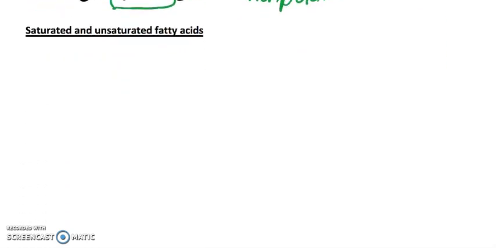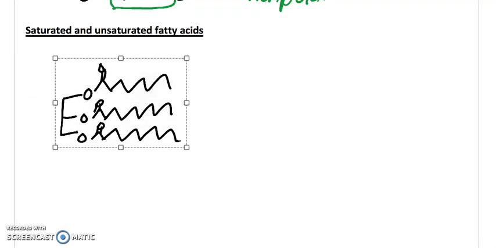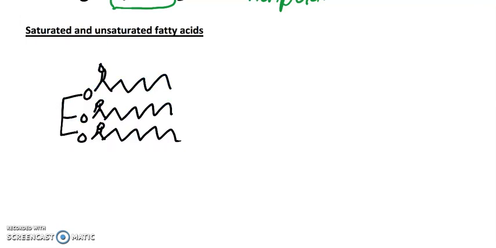Now let's talk about saturated and unsaturated fats. So there is my triglyceride. And everywhere we have these vertices, these are all carbon molecules. So carbon, carbon, carbon, single bonded to each other. And since carbon needs 4 bonds, the other 2 come from hydrogens. So attached to every one of these carbons will be 2 hydrogens, all the way down.